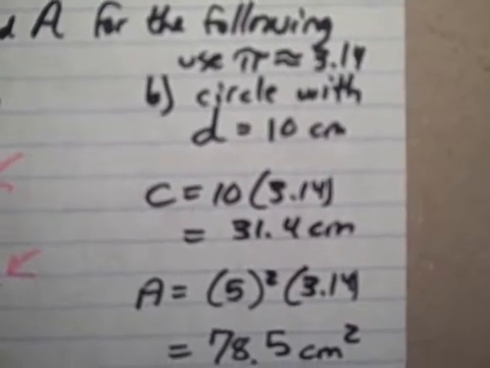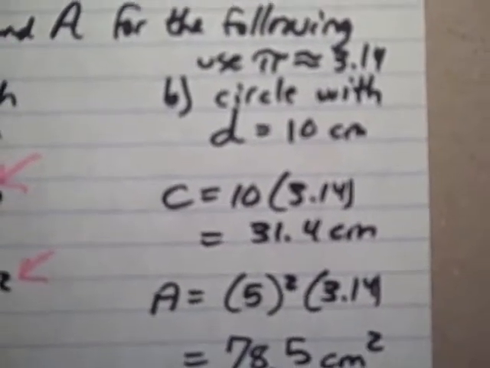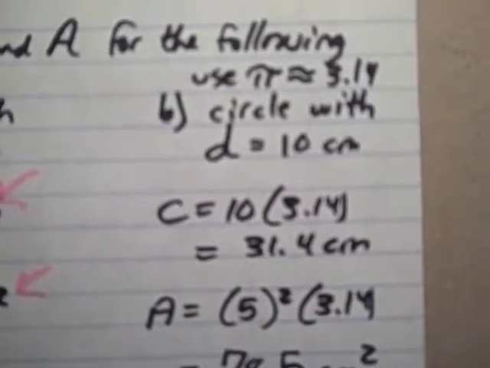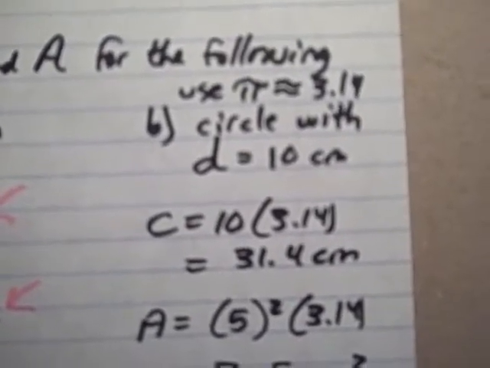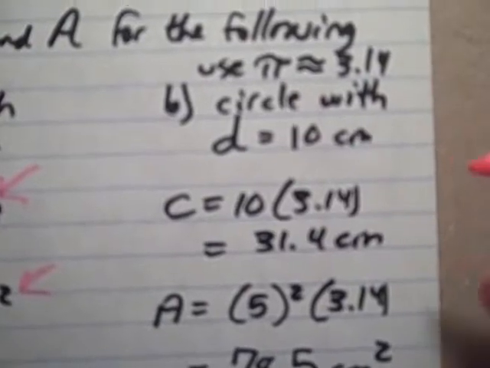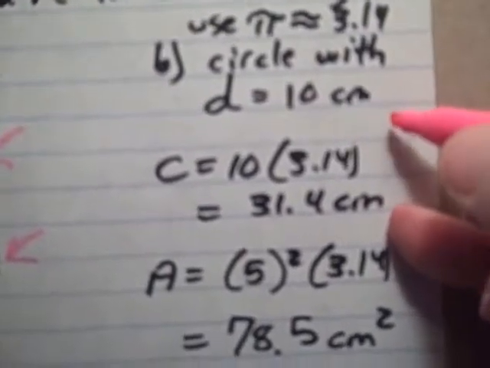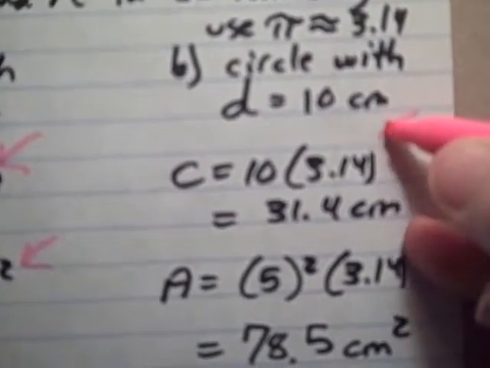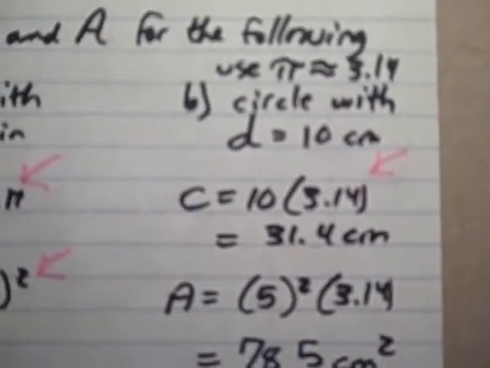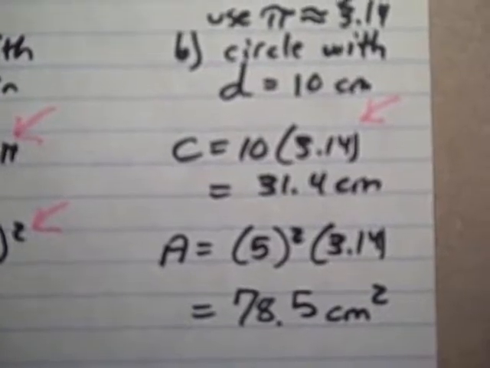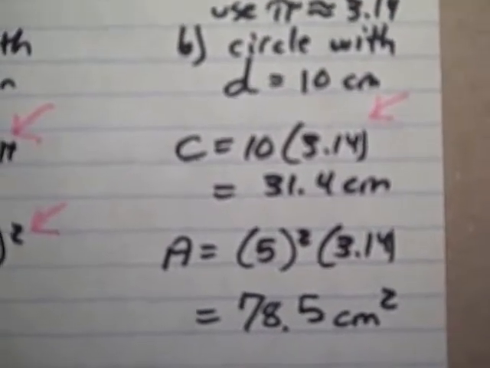Now, sometimes you'll be asked to use an estimate for pi. Find the circumference and the area of a circle with a diameter of 10 centimeters, using pi equal to 3.14. We use the same formulas as before, only now we have a diameter. The diameter times pi is the circumference, and using 3.14 for pi, we get 31.4 centimeters.